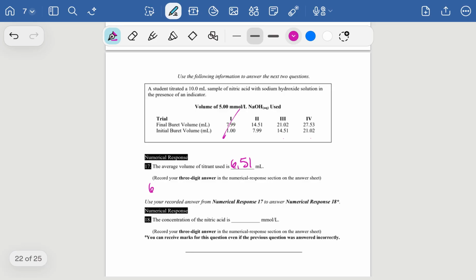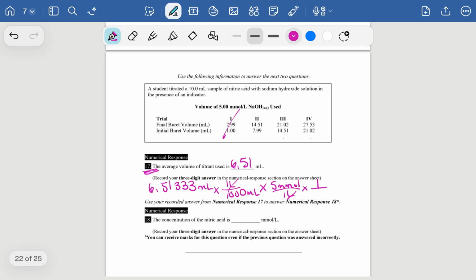So your 6.51 milliliters, and actually, I did use my unrounded value from my first calculation, I want to multiply by 1 liter over 1,000 milliliters. So now I have my volume of the NaOH. Now I can multiply it by the concentration, which is 5 millimoles per 1 liter. So now liters cancel, and I'm at my moles of the base.